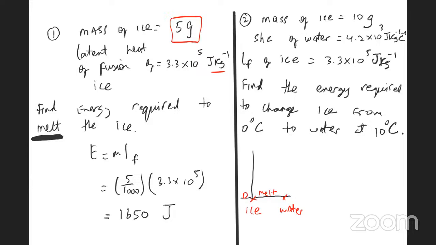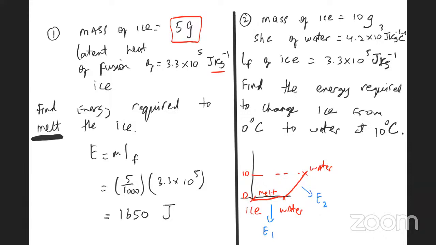So the temperature of the water will begin to increase until we reach, in this case, 10 degrees. If you look closely at that small diagram, it has 2 stages: a melting stage and a temperature change stage. There's one stage here, and a next stage here.